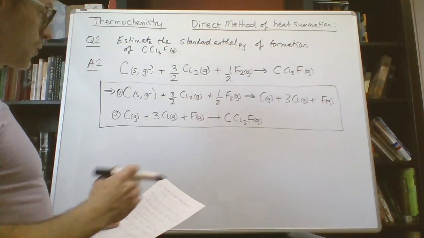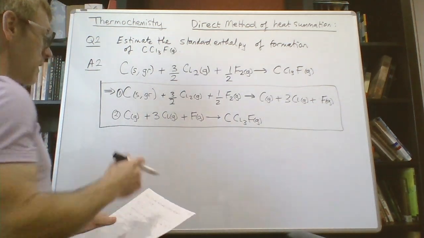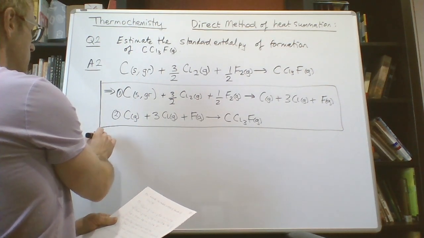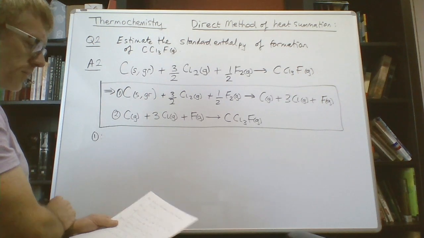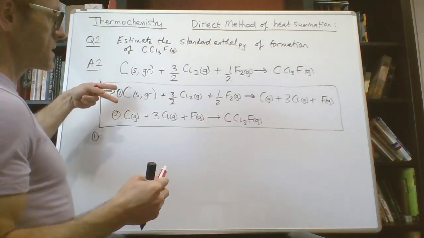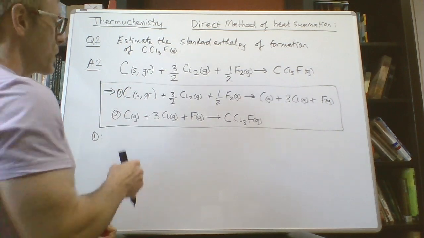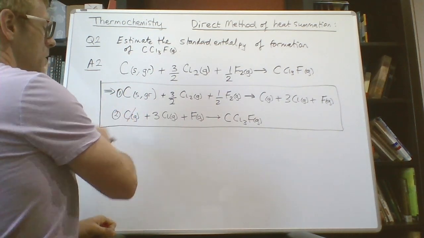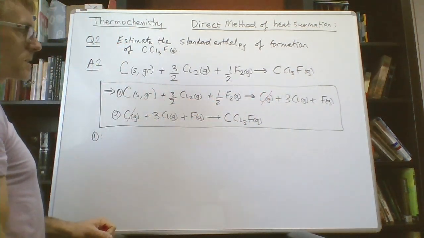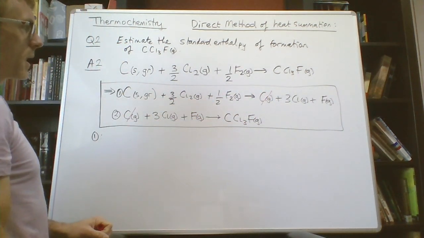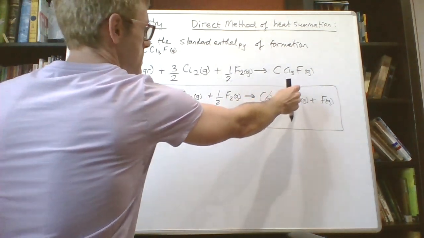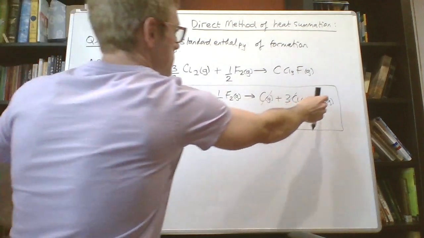Okay, so almost identical to last time. Again, the purpose here is just to build up some muscle memory. Let's take equation 1. Well, first of all, before we take equation 1, let's make sure we can see what we've done here. We can eliminate spectator species. I've got carbon gas on both sides. I've got 3Cl gas on both sides, and I've got F on both sides.